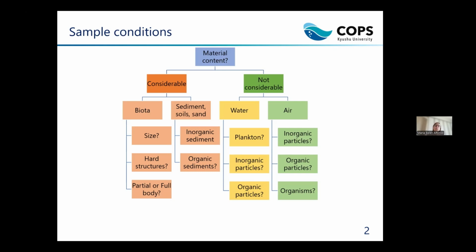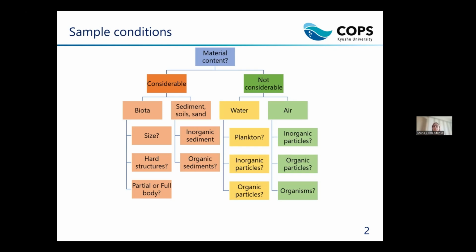In the case of sediment samples, soil samples, or sand samples, you might have some characteristic features, like a lot of inorganic content or also a lot of organic sediments. In the case of water samples, you might find a lot of plankton content or not, depending on the sample.